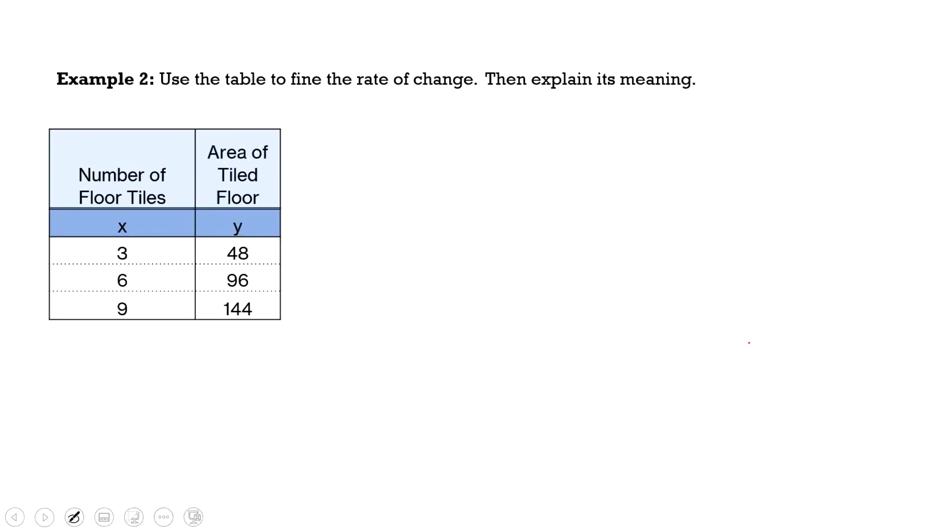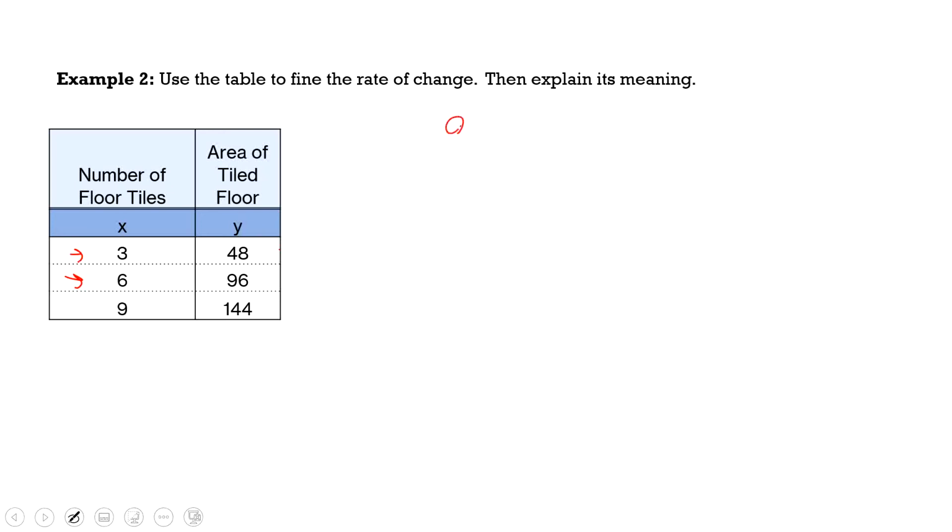Okay, one more example here. Use the table to find the rate of change, explain its meaning. So we have number of floor tiles used, that's your x, because that's the independent variable. We can use any number of floor tiles, but based on how many floor tiles we're using, we're getting an area of the floor that's been tiled for our y value. So again, we're going to pick 2. I'm going to pick 6 and 3.